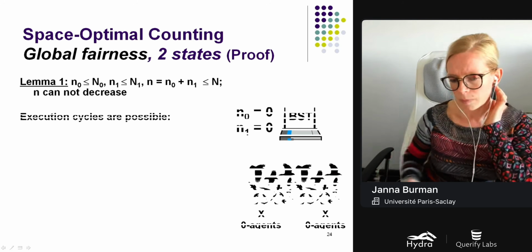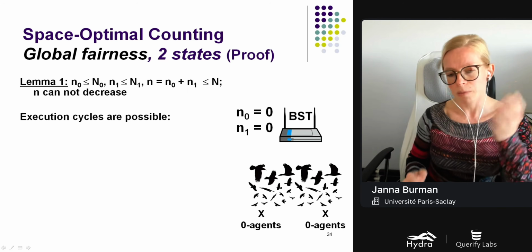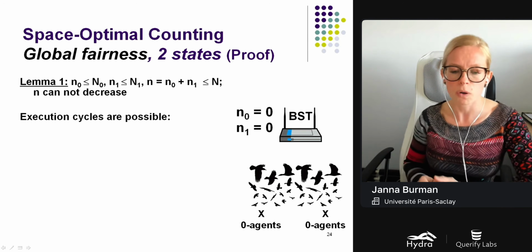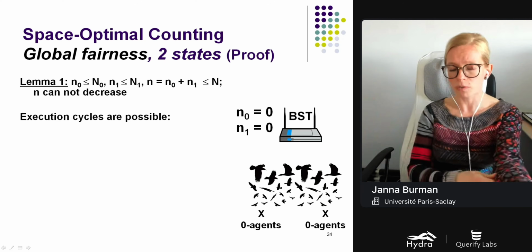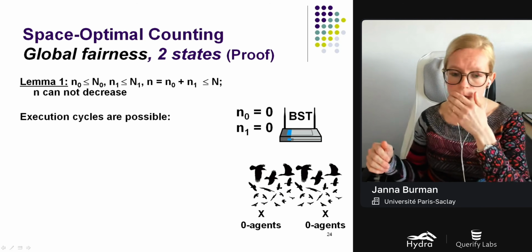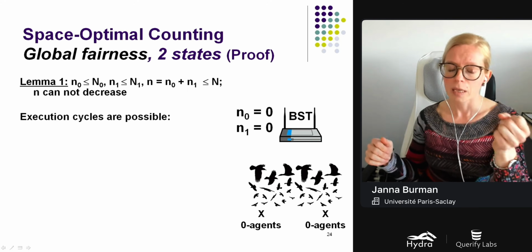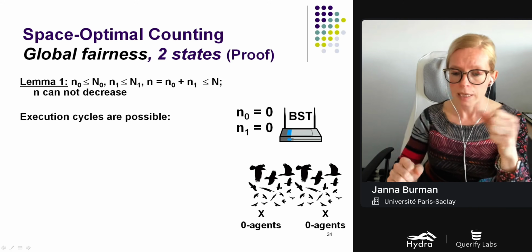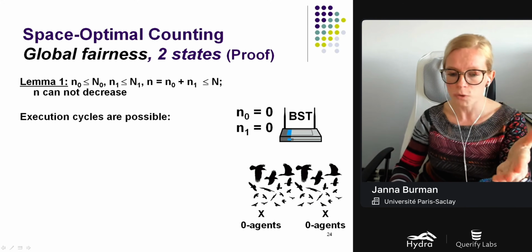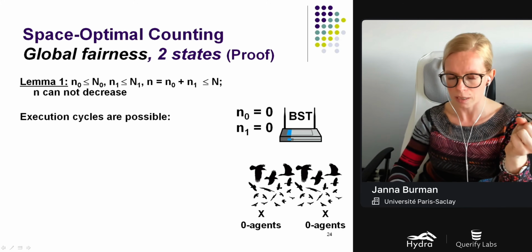But the more interesting thing is that, maybe you could already feel, in the execution of this protocol we may have a lot of cycles, execution cycles. For example, let's take this population of 2x agents that you see here.